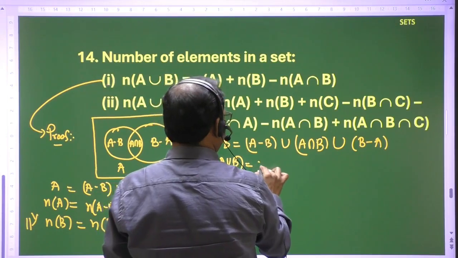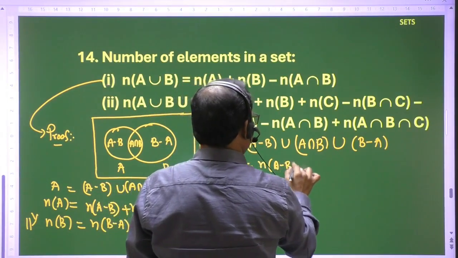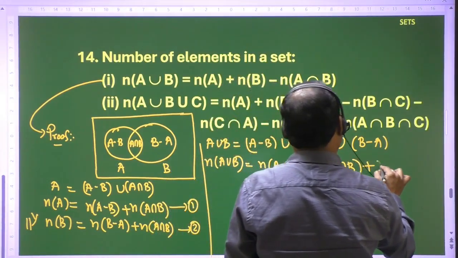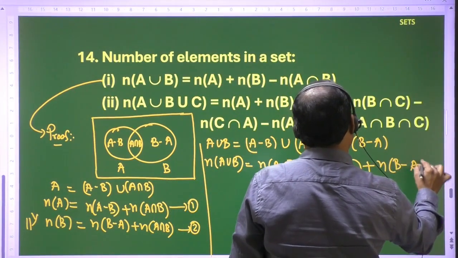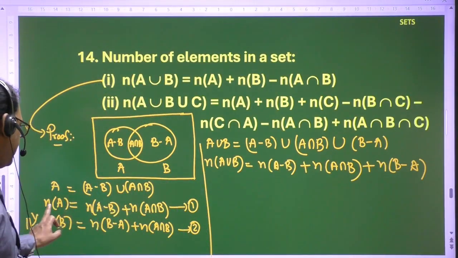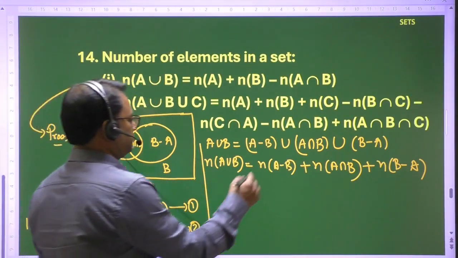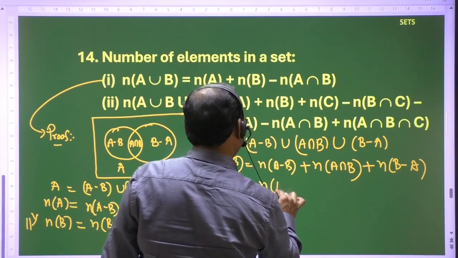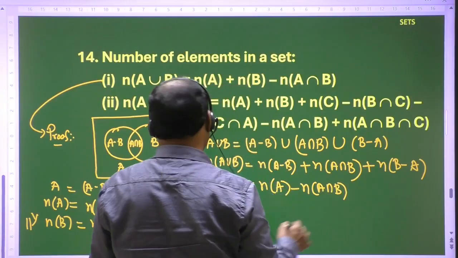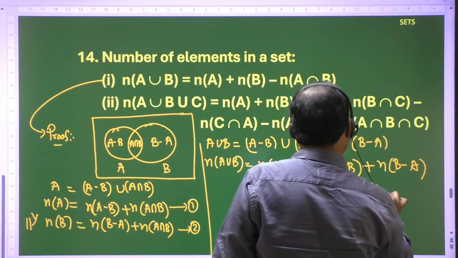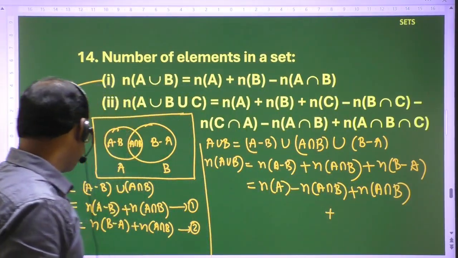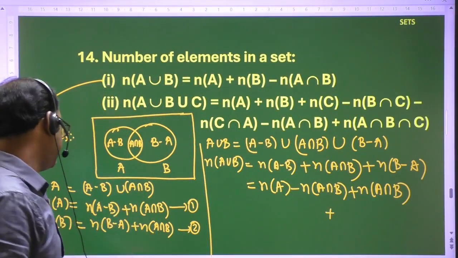So n of A union B will be equal to n of A minus B plus n of A intersection B plus n of B minus A. Now n of A minus B I can calculate as n of A minus n of A intersection B. The number of elements in B minus A I can calculate as the total number of elements in B minus their intersection.